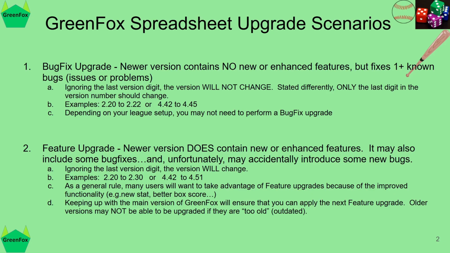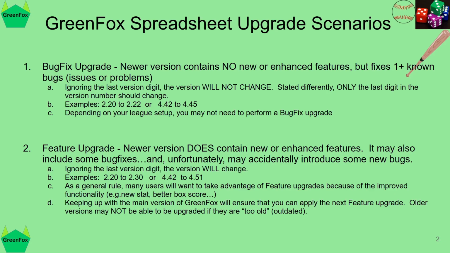So when you have a feature upgrade, what I'll call the main version will change. And the main version of a GreenFox spreadsheet includes the first number after the decimal point or the dot.